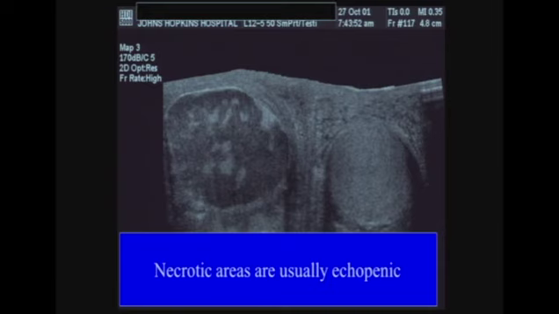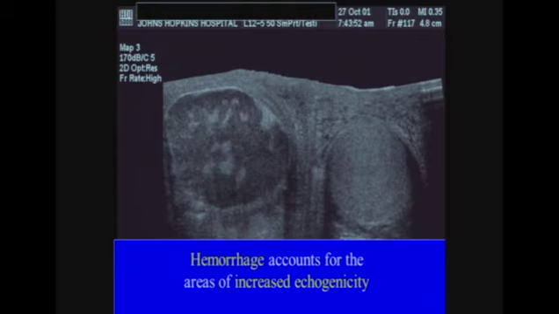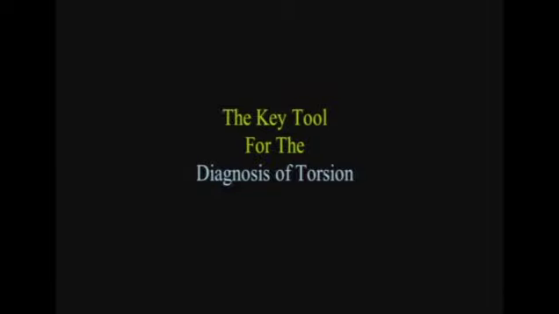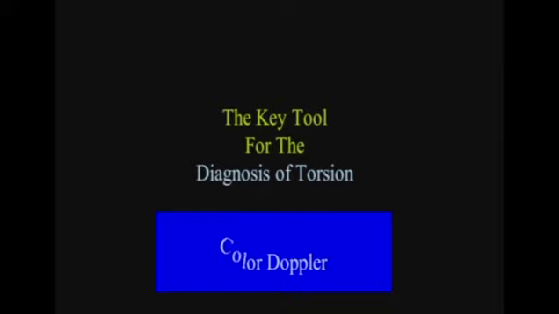Necrotic areas are usually hypoechoic, and hemorrhagic areas account typically for the increased echogenicity. Imaging subtle or obvious differences in echogenicity can be helpful in diagnosing torsion. However, such differences can occur with infection or orchitis as well. The key tool for the diagnosis of testicular torsion is color Doppler.